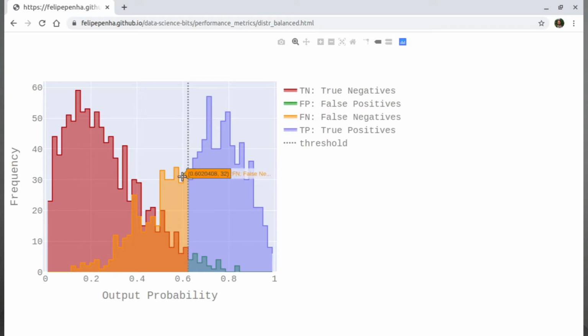This other portion here in orange, we know they are actual positives, but they are being predicted as negatives because they are below the threshold. So these are false negatives, FN. And the threshold can be positioned in many different places, from 0 probability to 1. You can vary the position of this threshold in small steps, and you can see how these 4 quantities change. I still haven't told you what the confusion matrix is.